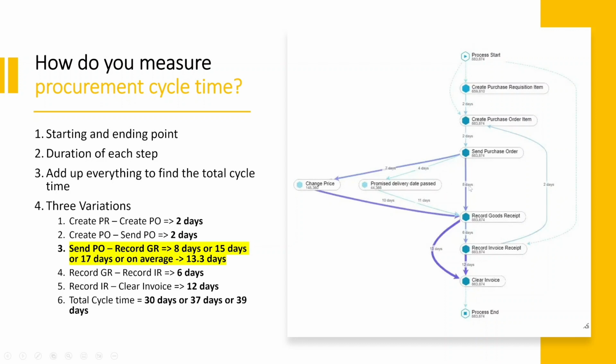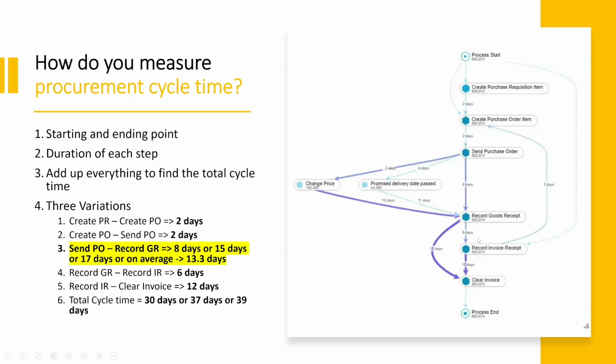The first variation takes 8 days. The second variation takes 15 days because there has been a promised delivery date has been passed. So it takes another 7 days for it to get the goods. Similarly, when the price has been changed, it has been increased even more. It has taken 17 days, which is the 7 days plus 10 days to get the goods.